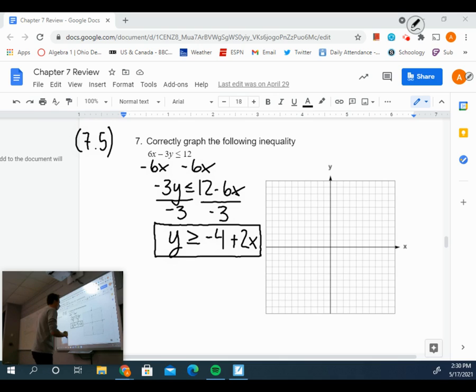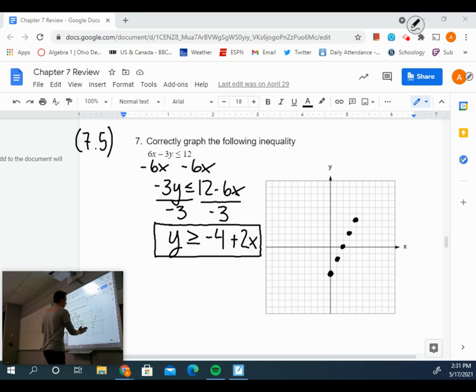Really all I've done is transition my inequality from standard form to slope-intercept, which allows me now to graph it. So now that it's in slope-intercept, I go down 4, and then I go up 2 over 1, up 2 over 1. I am not going to put a solid or dashed line yet because I need to make sure, right? The whole idea with creating a graph is to illustrate all the potential solutions.